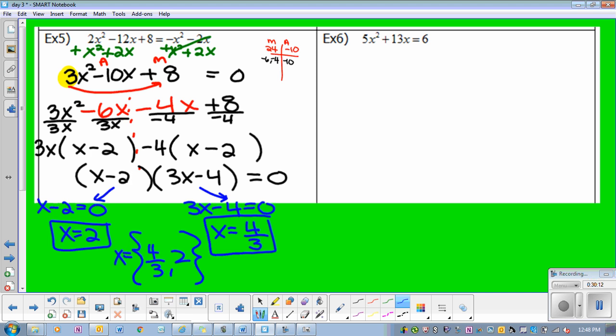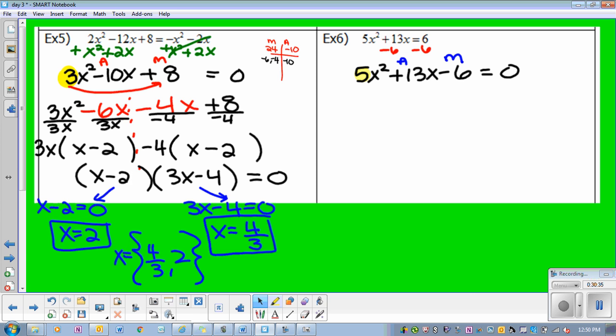Okay. You guys try number 6, please. Okay, so I'll do my work up here. Subtract the 6 to make it equal to 0. Now, this is AM because no GCF, but it's a trinomial, right?